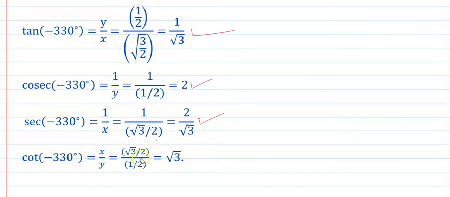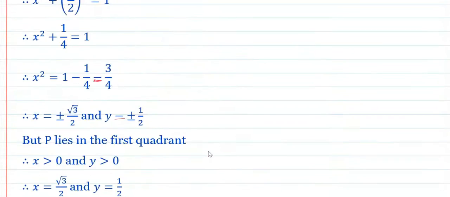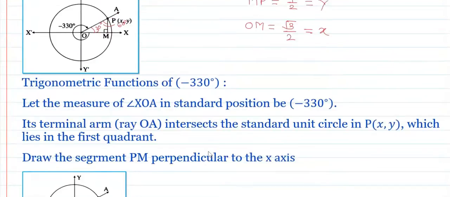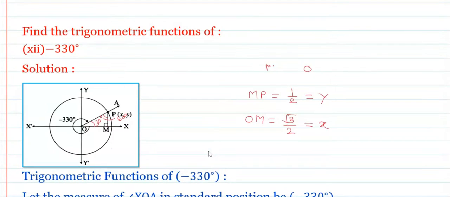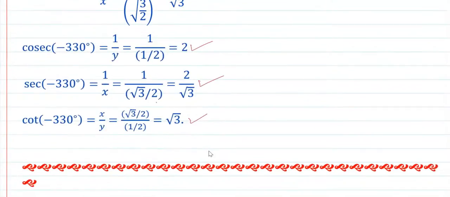X is root 3 by 2, y is 1 upon 2. 2 gets cancelled, and you will get cot of minus 330 is equal to root 3. In this way, these are all the values of the trigonometric functions for the angle minus 330. And in this way, we have completed this question.